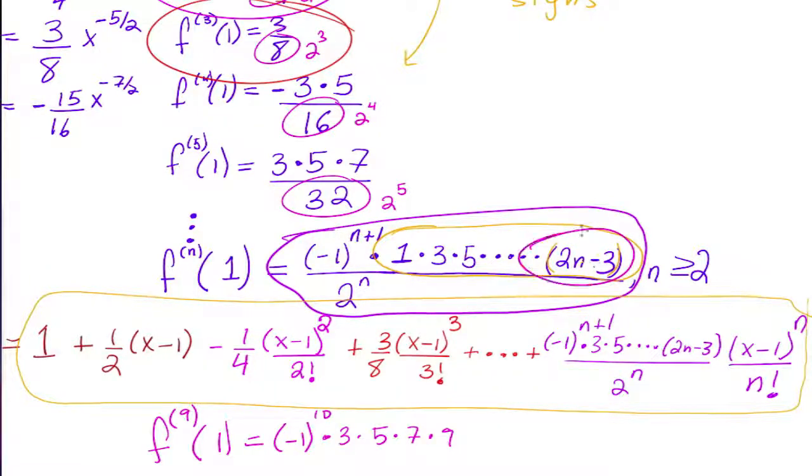Well, this is what tells you when to stop. It tells you to stop when 2 times 9 minus 3, whatever that number is, 15, that's when you stop. So you're going to go in the same pattern until you get to 15, and that's when you stop.